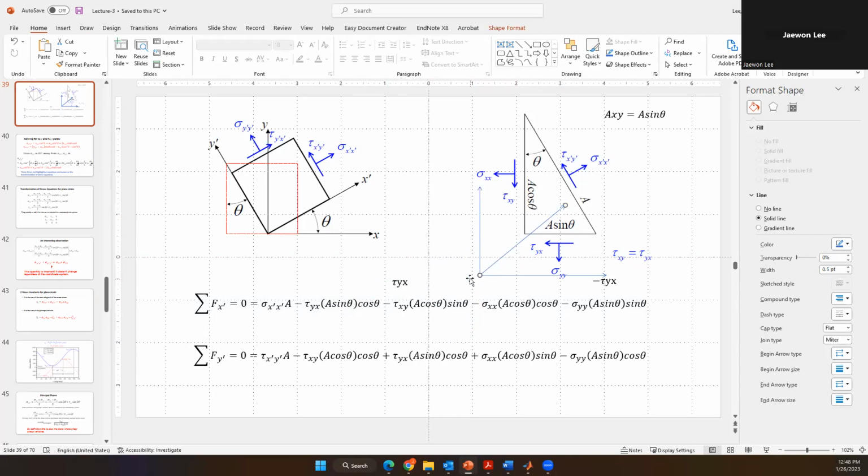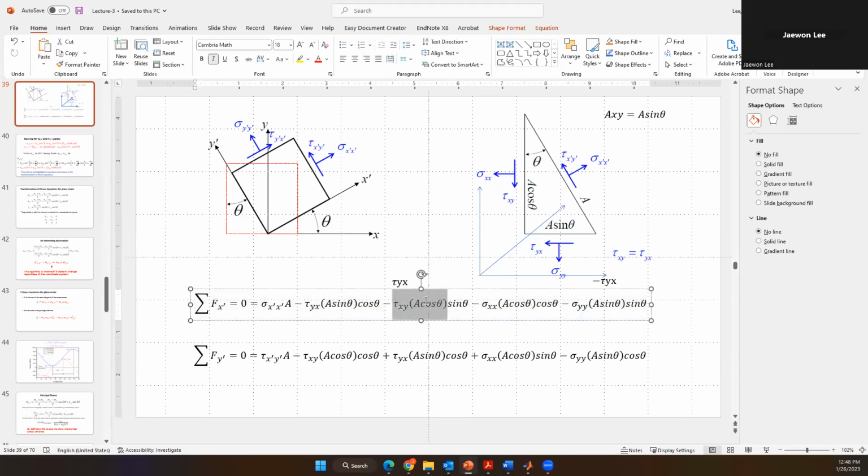Then this is theta, and this is 2 pi minus theta. So using the sine and cosine relation, we can calculate it: tau xy A cosine theta times sine theta.